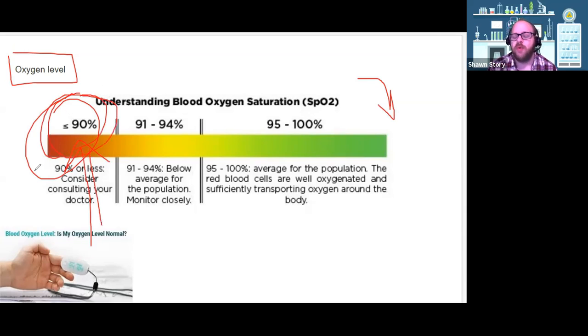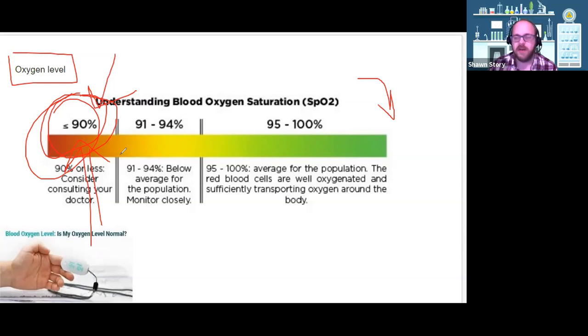This was something that we saw over the last few months with the coronavirus, and how overwhelmed the healthcare system was. A lot of people were told to stay home. They said, all right, you tested positive for COVID, stay home, monitor your symptoms, and if it gets worse, then come to the hospital. One of the things they told people to monitor was the oxygen level, because since the coronavirus was respiratory and so many people were having respiratory issues, it would decrease the oxygen level in their blood.